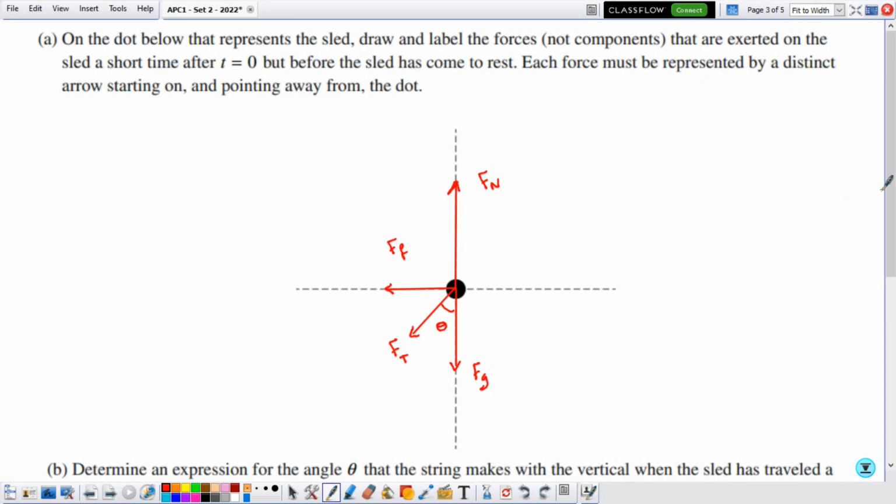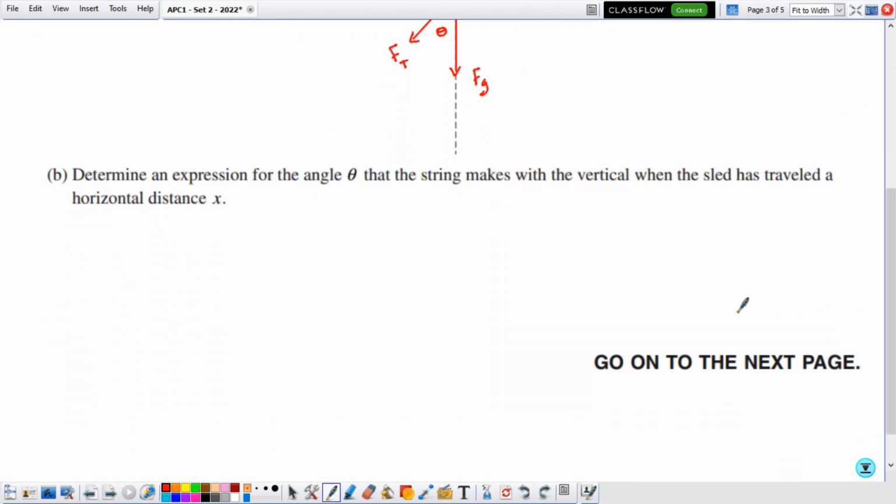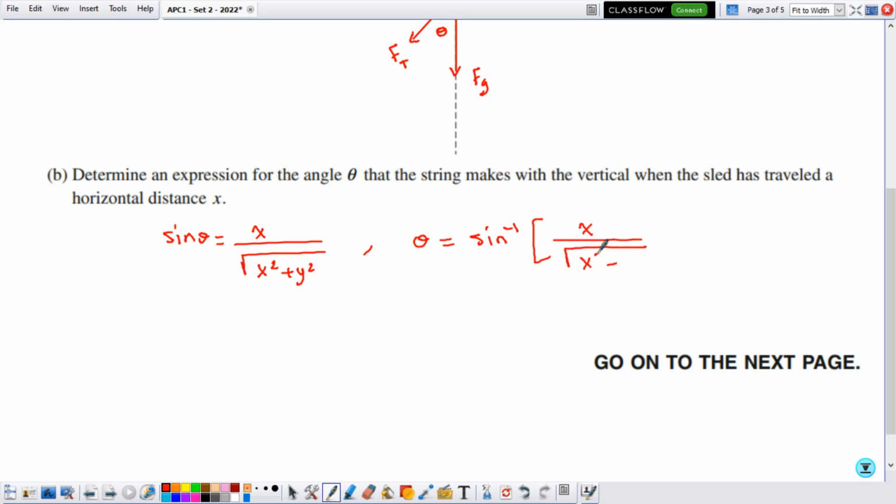Then let me write for part B. By referring to the previous figure, we know that now sine theta would be given by x divided by radical x square plus y square. Then the theta function would be represented as the inverse function of the sine of the angle x over radical x square plus y square, and that would be our answer.